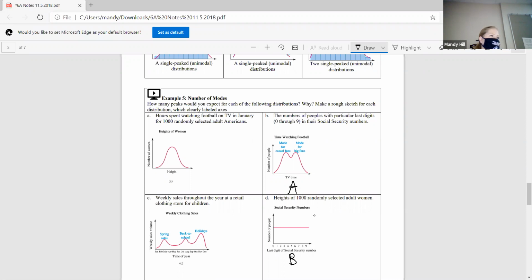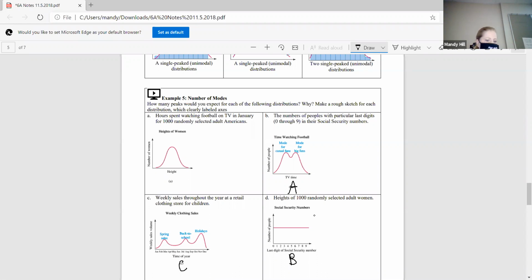If it's a small group, we might get some that are the same, but if we ask 100 people, then we're probably getting closer to having no mode because they're spread out. Because it's random, it can be 0 through 9. Weekly sales through the year at a retail clothing store, which is this one.